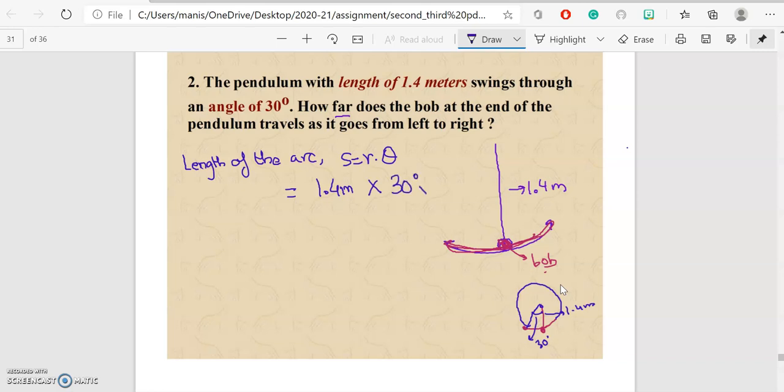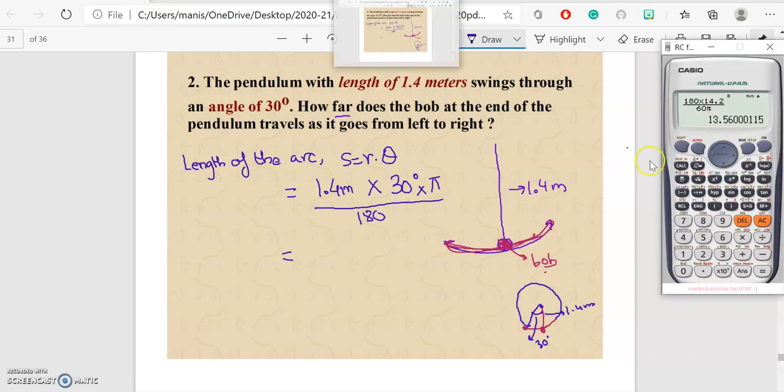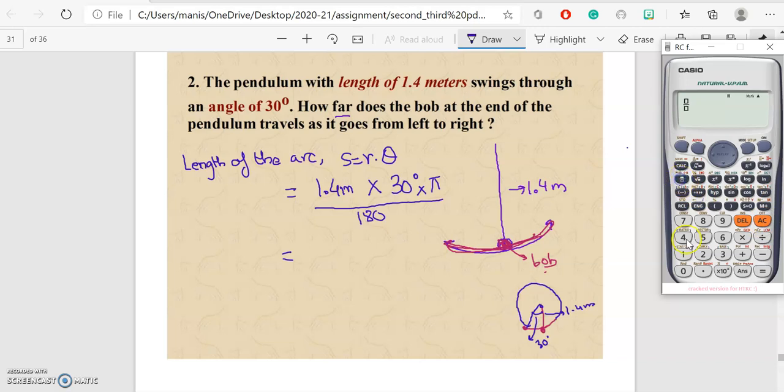So when it is in degrees, what should you do? You multiply by pi, and since we are dividing by 180 degrees, that's it. So multiply by pi over 180. This is how we convert from degrees to radians. Now I have to type everything in my calculator.